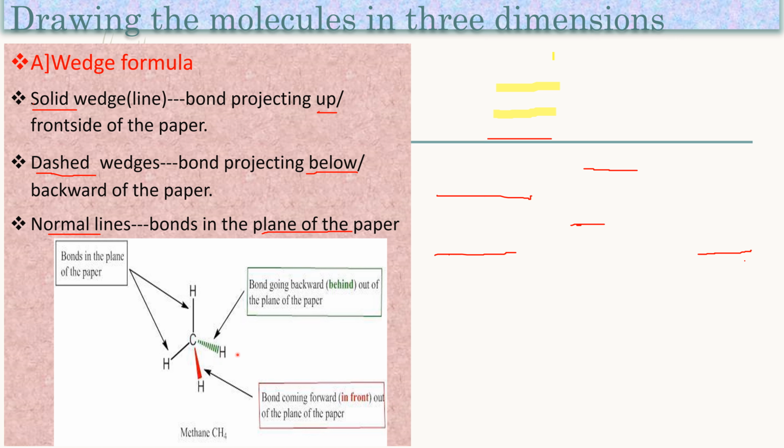Then this CH bond, which is shown by dashed wedge, is present in the backside plane of the paper, or behind or below the plane of the paper. And these two CH bonds which are shown by normal lines are present in the plane of the paper. So this is the wedge formula of methane, its representation.